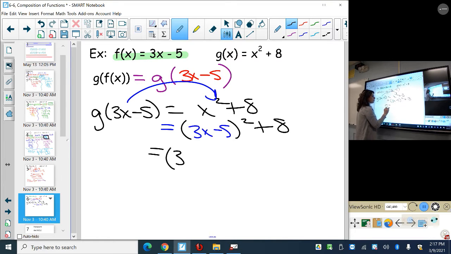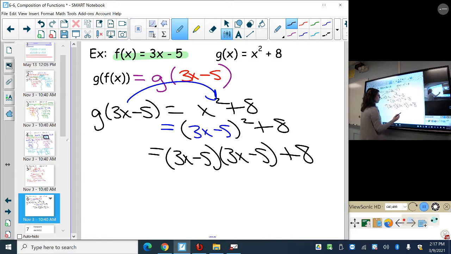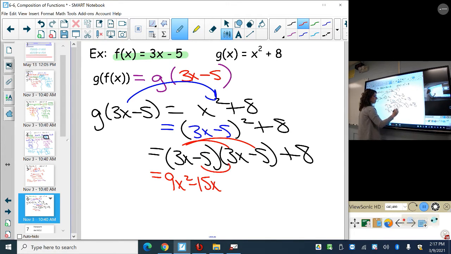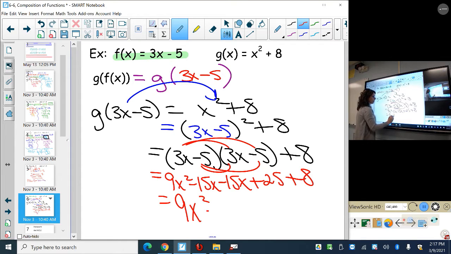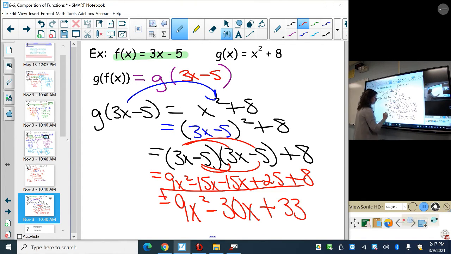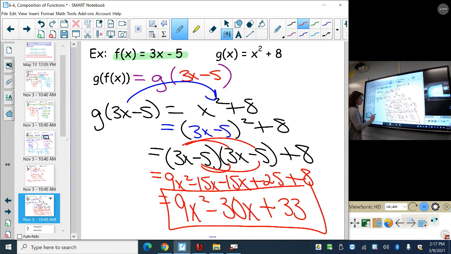So I'm going to write this down twice, and I'm going to FOIL it. 3x times 3x is 9x squared. 3x times minus 5 is negative 15x. Minus 15x is inner. And last is plus 25, and then I'm going to tack on the plus 8. I'm going to combine like terms, giving me 9x squared minus 30x plus 33. That is g at f of x.